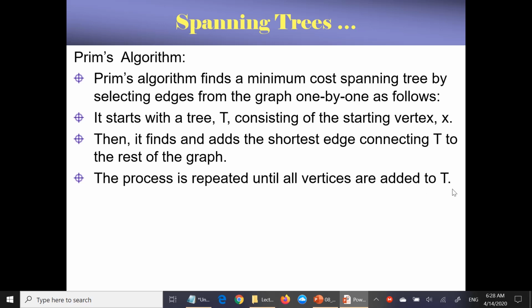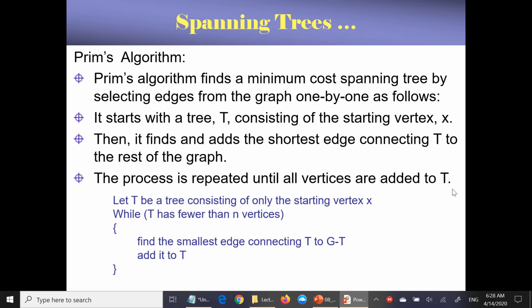Okay, here is the algorithm in more detail. So let T be a tree consisting of only the starting vertex X. Now repeat. While T has fewer than n vertices, because remember the spanning tree must have the same number of vertices as the original graph, find the smallest edge connecting T to the rest of the graph.